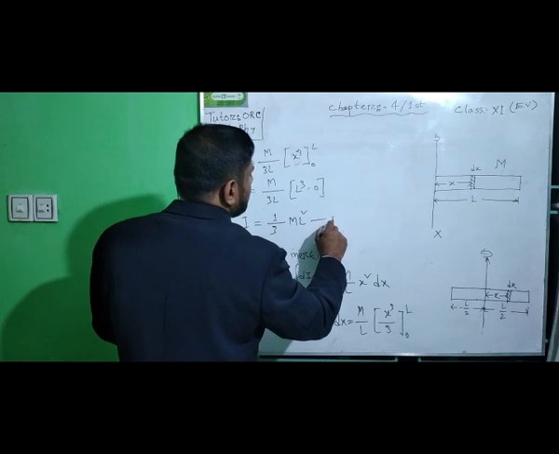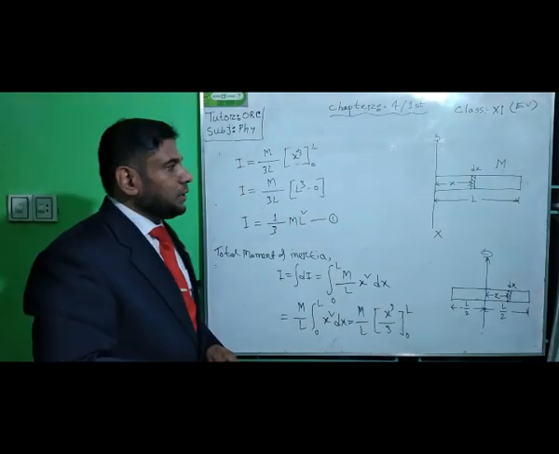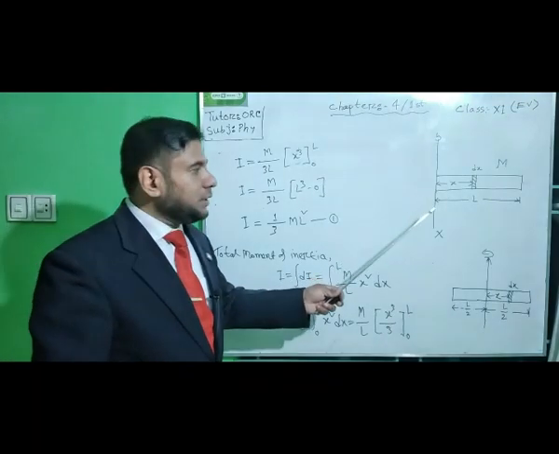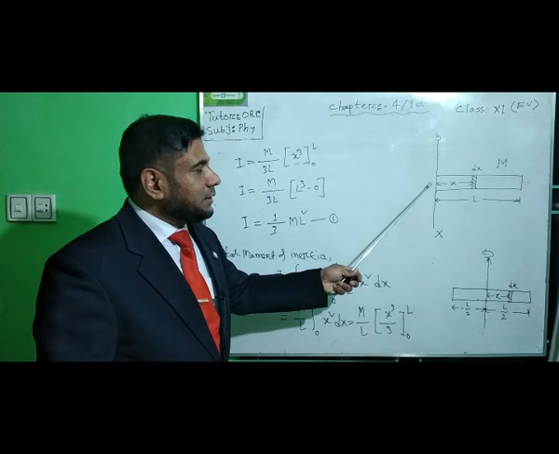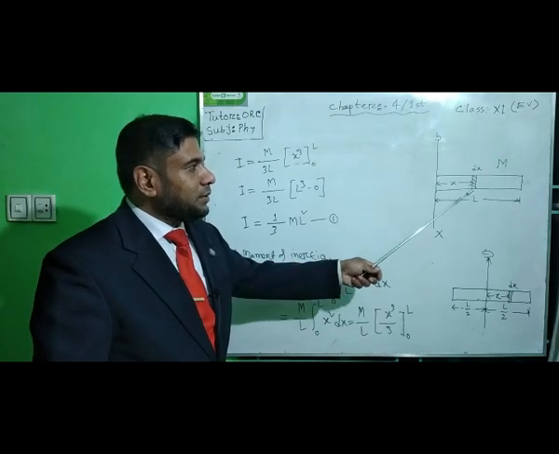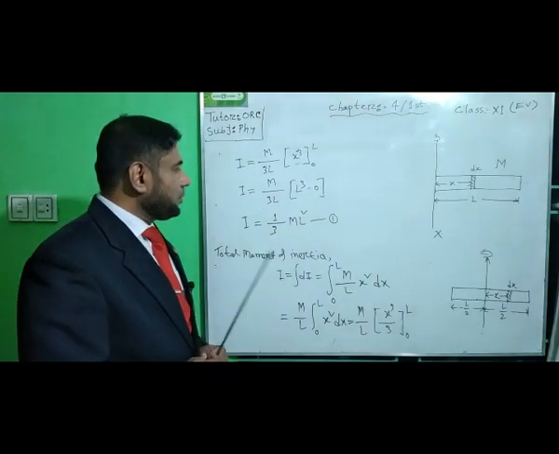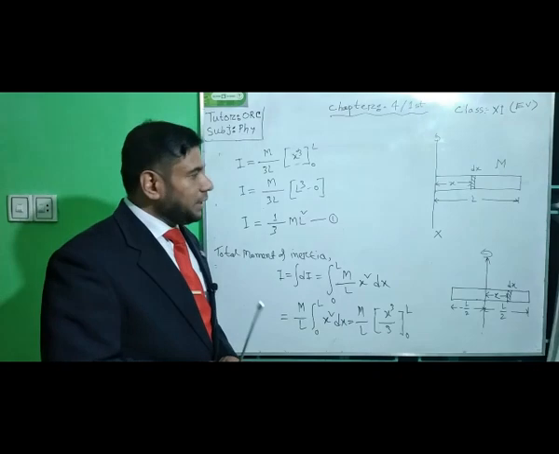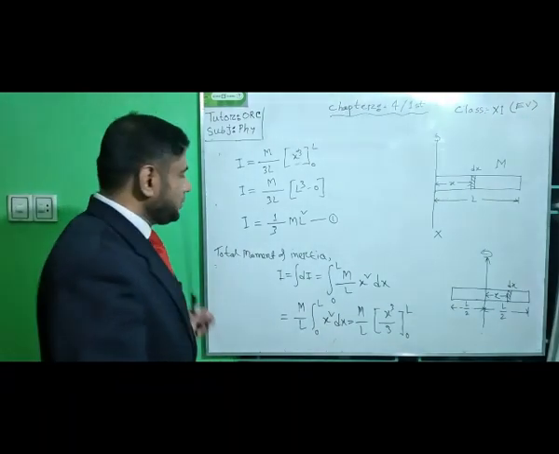So this is the equation to find out the moment of inertia of a uniform thin rod about an axis passing through an edge of the rod and perpendicular to the length of the rod. Now from this we can again find out the radius of gyration.